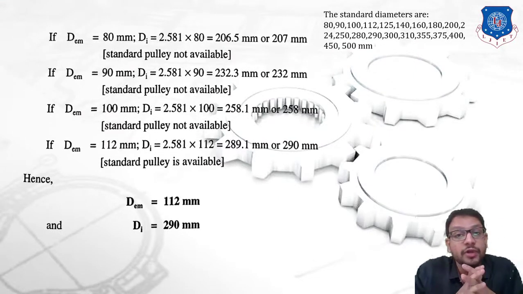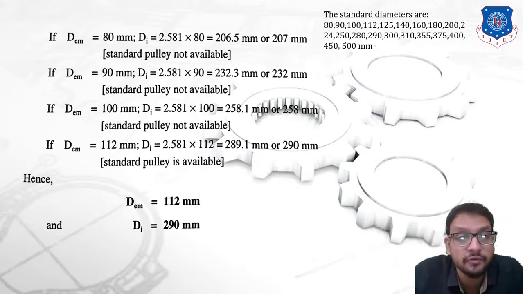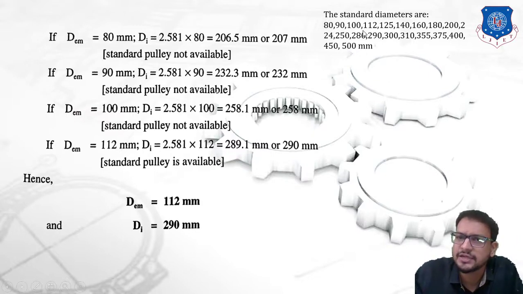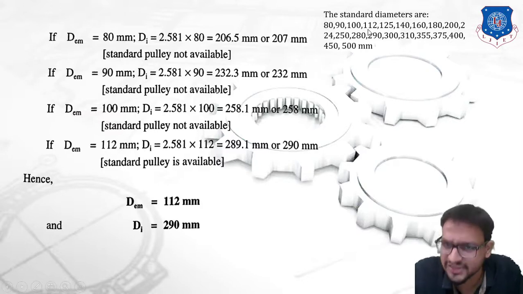Since a standard diameter list was already given in our data, you can see I have written again over here the list of standard diameters 80, 90, 100 and 112 up to 500 mm. So we are going to choose step by step one value of these diameters, and we are going to see which is the most feasible value.